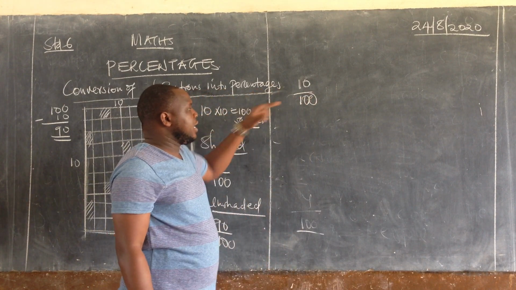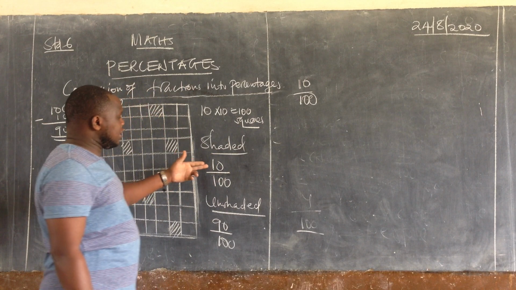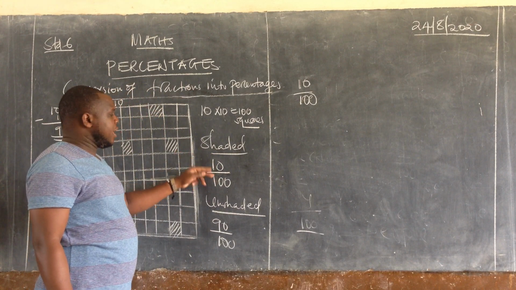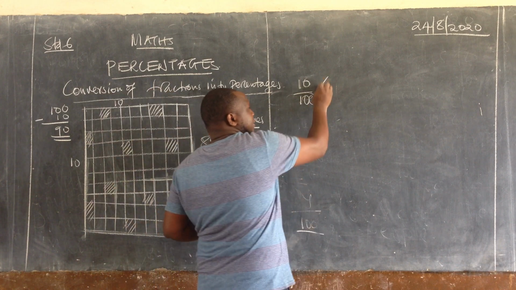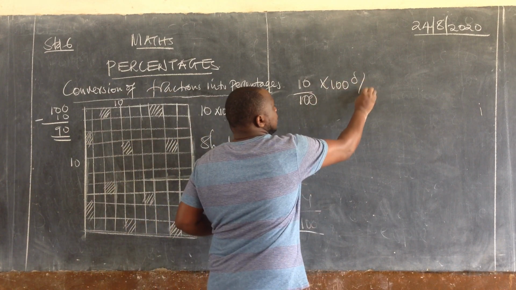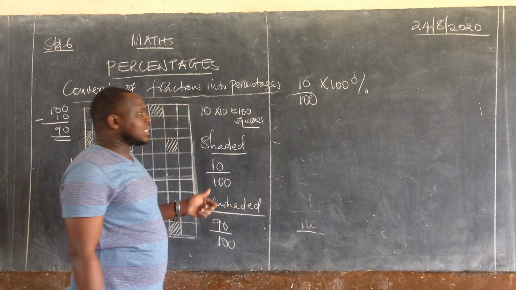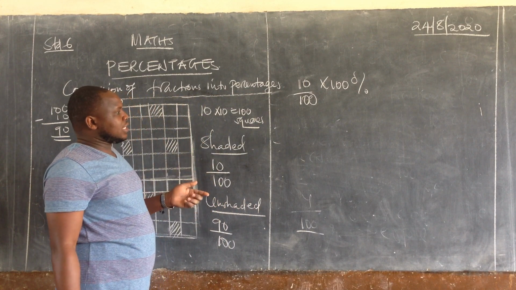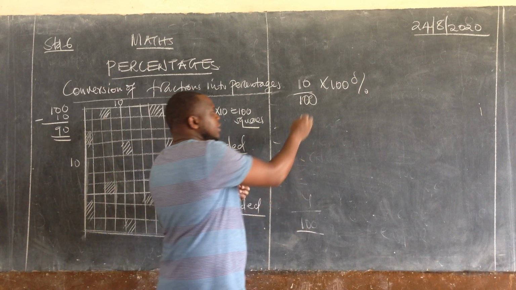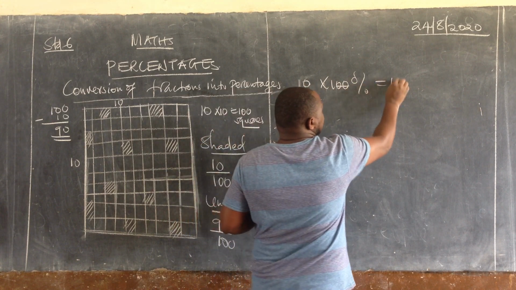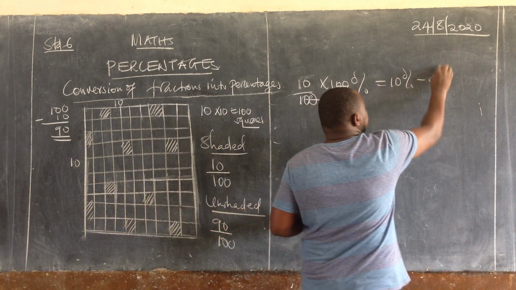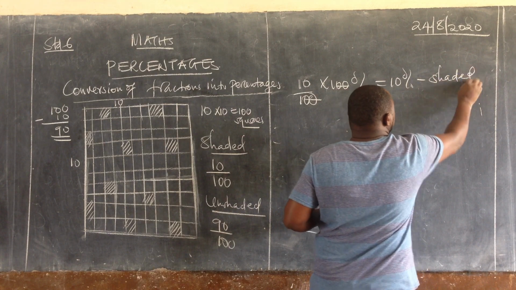So 10 out of 100, but remember this is a fraction. If you want to convert this fraction into a percentage, you simply multiply by 100%. So for the shaded squares, you're going to realize that this and this will cancel, as I showed you, 10%. So 10% is the shaded fraction.